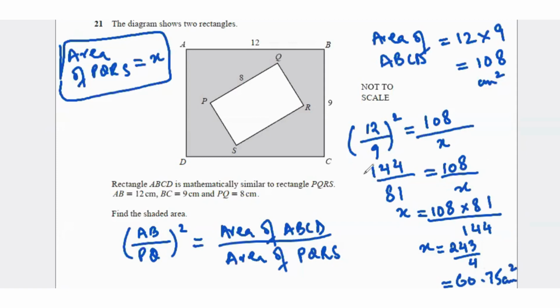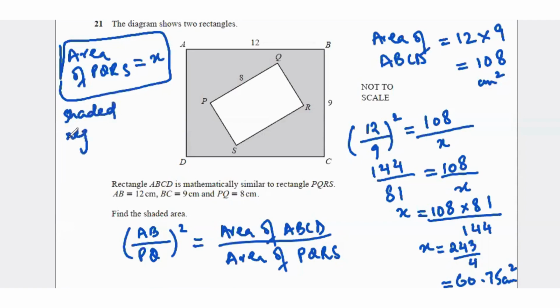Okay, so we have to find the area of the shaded region. The shaded region is going to be the difference of all of this. Actually, let's just move that above over here.